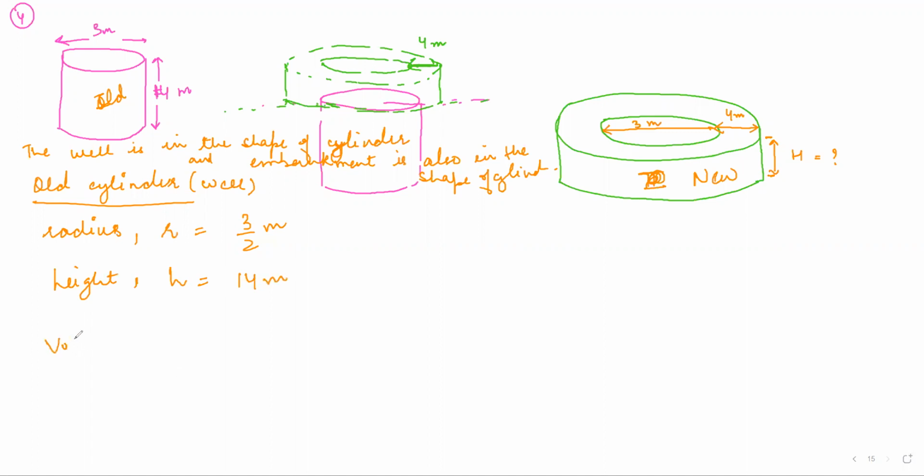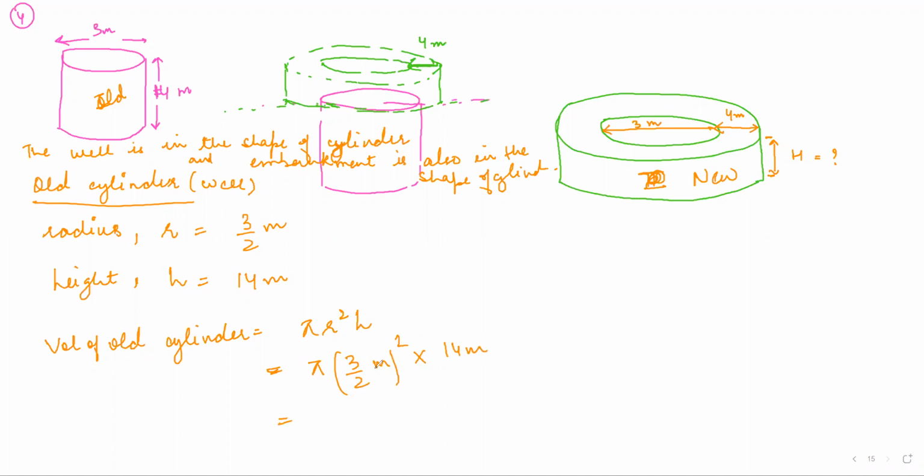Now volume of old cylinder. Volume is pi r square h. So leave pi because you have to equate it. r is 3 by 2 meter whole square and into height is 14 meter.